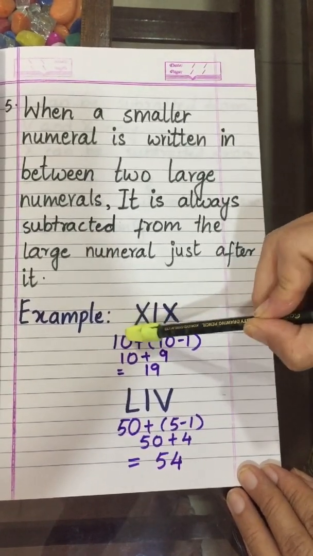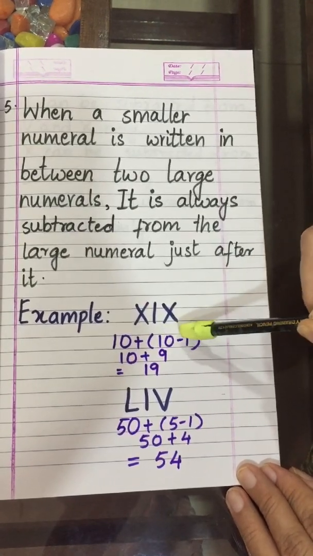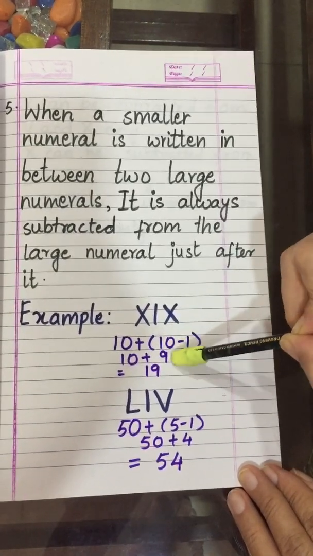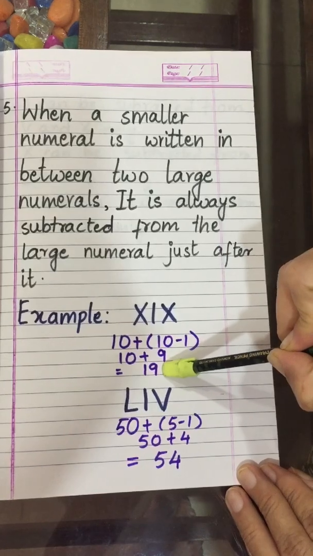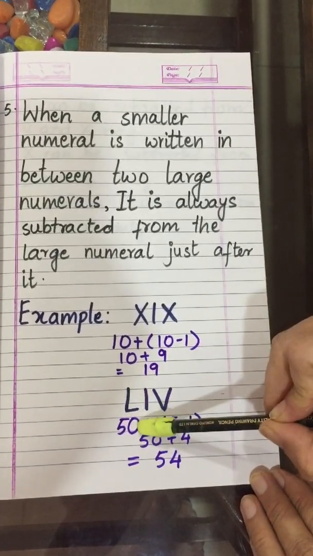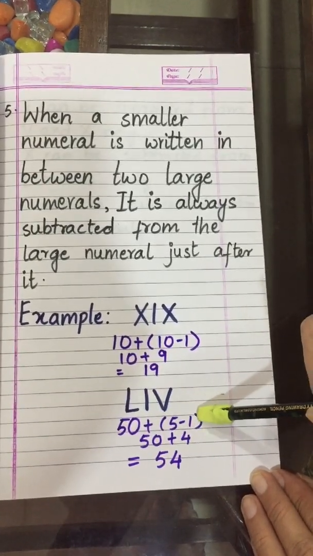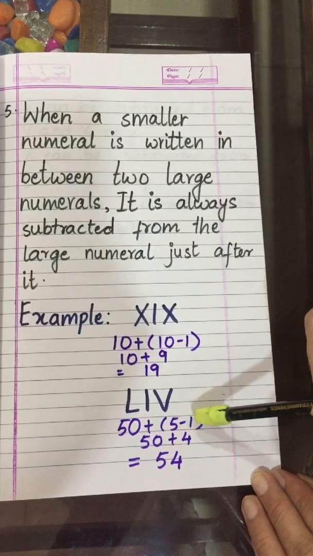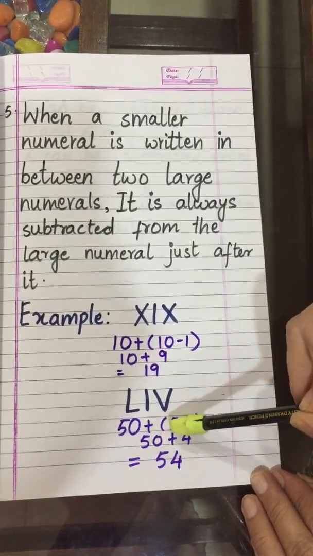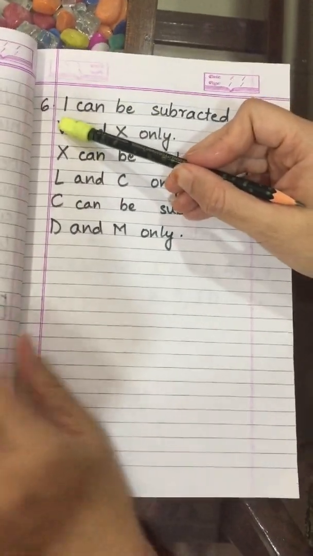So this is 10, this X, and this is 10 minus 1, that is 9, becomes 19. Similarly, LIV. L is 50, V is 5 and this I is minus 1. So 5 minus 1 becomes 4. 50 plus 4, 54.